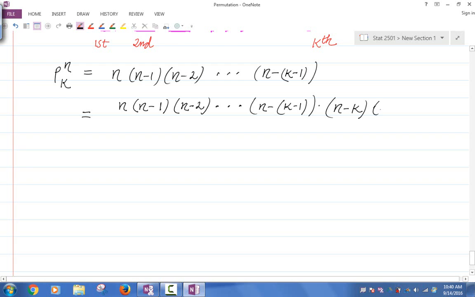So let's write down one more line: n minus, the next time, k plus 1, and dot dot dot all the way until I get 2 and 1. Is that making sense? How do you get 1? Well, if from n you subtract n minus 1, you're going to get 1. So until you get 1, you keep subtracting from n.